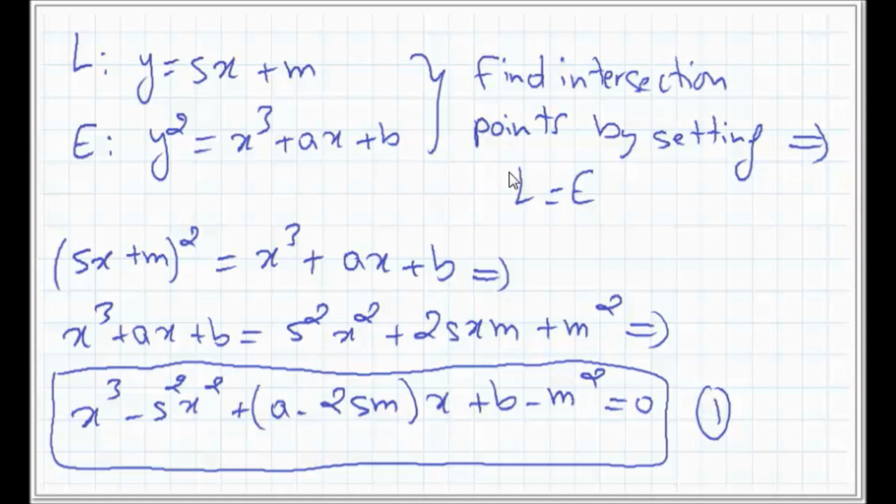We need to find the intersection points by setting L equal to E. So (Sx + M) squared = x cubed + ax + b. We flip those around, so we get x cubed + ax + b, and we expand this one, so we end up with this equation.